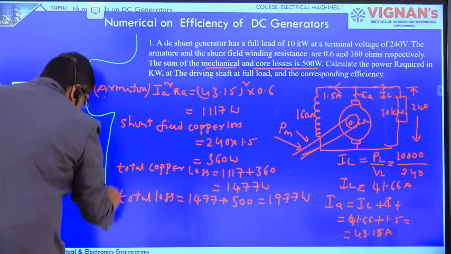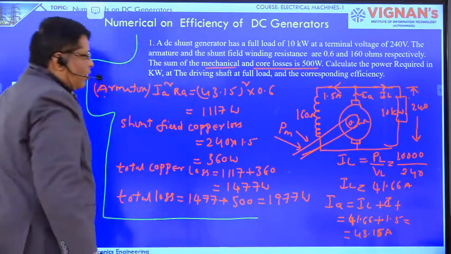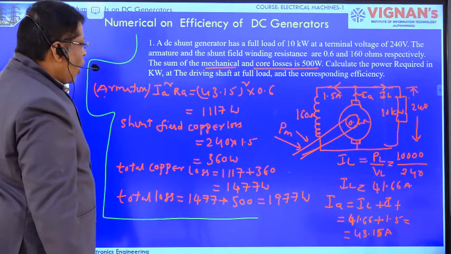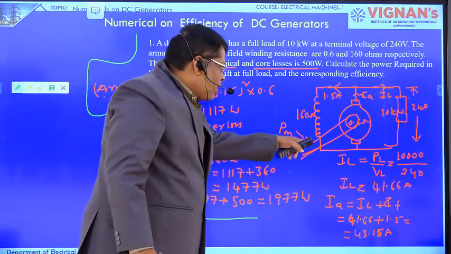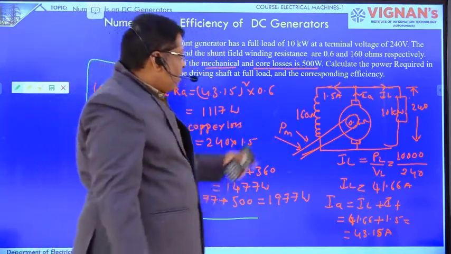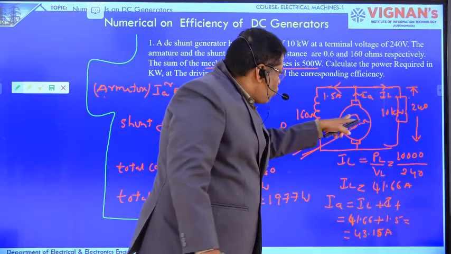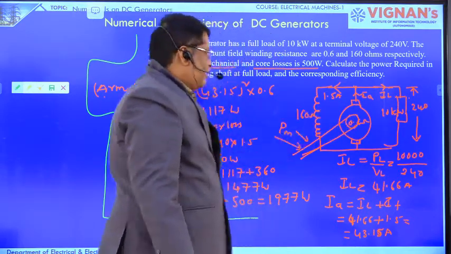Now we find how much power is input to the shaft. It is the output power plus the total losses occurring in the generator.